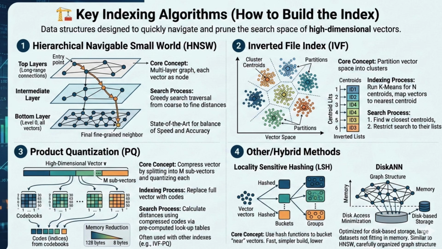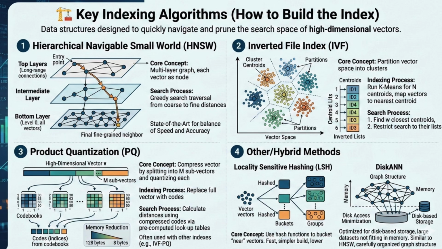Then we have other hybrid methods like locality sensitive hashing or LSH. This uses hash functions to group vectors that are near each other into the same buckets. Search is restricted to the buckets the query vector falls into. It is generally simpler and faster to build than graph methods, but less accurate.